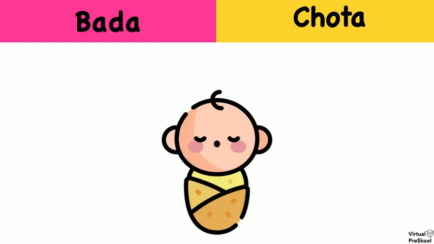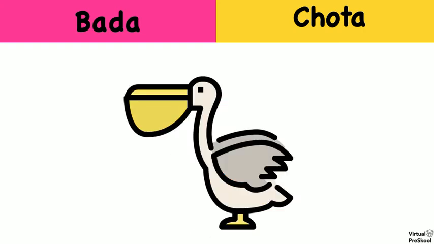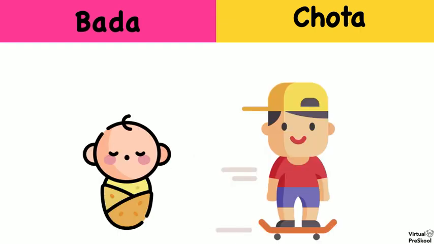And what about this little baby? Let's assume this is a little baby boy. Baby chota hai. And what about the pelican? Pelican bada hai, right? Pelicans are very big birds.